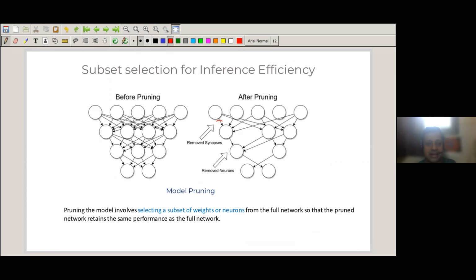So you see, for example, we have removed a whole bunch of these on the right hand side. We have removed this particular edge, and this particular edge, and so on. The other thing we can remove are nodes. So you can see a node here has gone missing. So removing neurons. This is also known as architecture search.